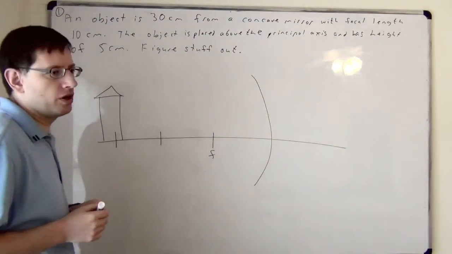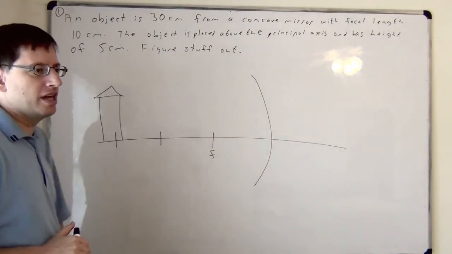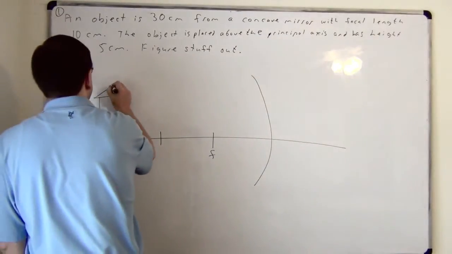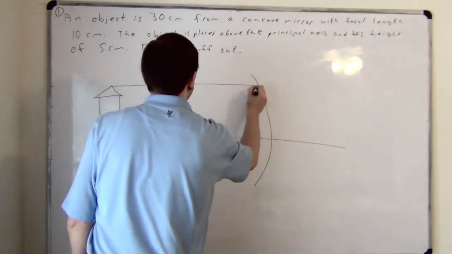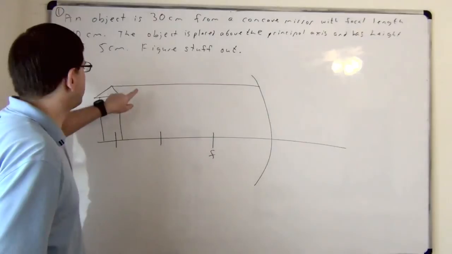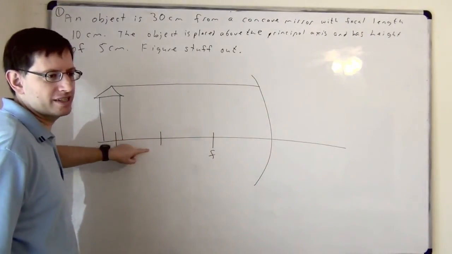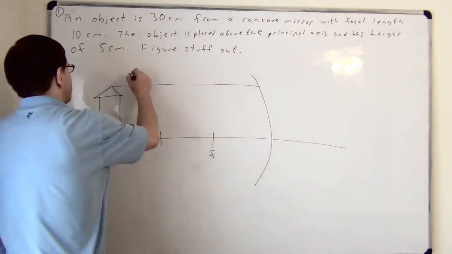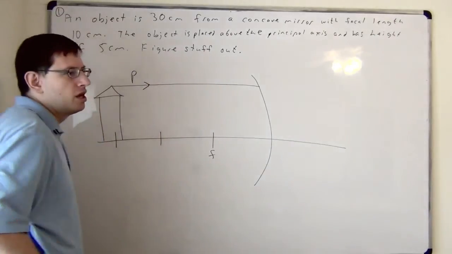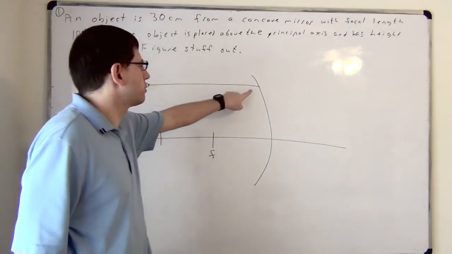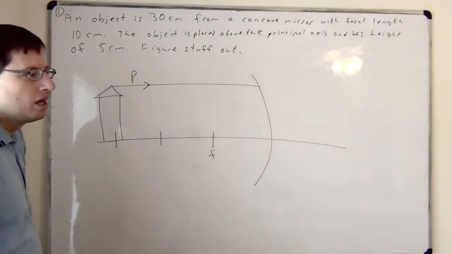So the first ray is called the P ray. Now you drew the incoming P ray correctly. It just goes like this. You know what P stands for? This means parallel to the principal axis. This is our incoming P ray. But it looks like you weren't sure how to draw the outgoing P ray.